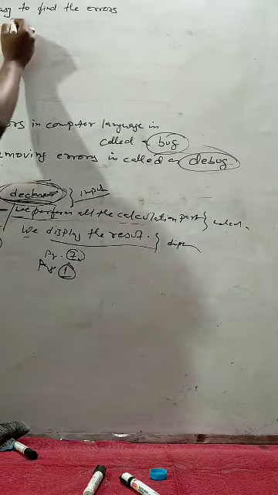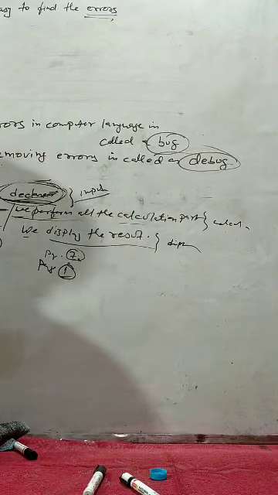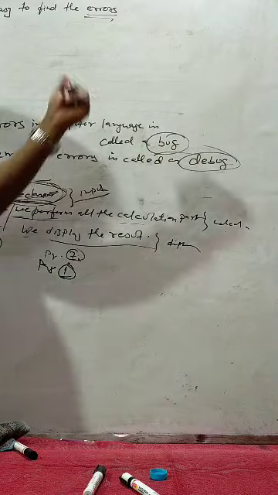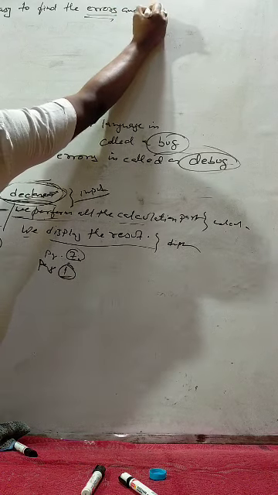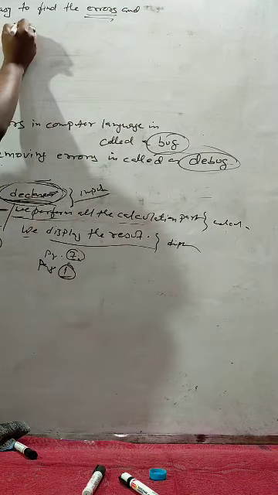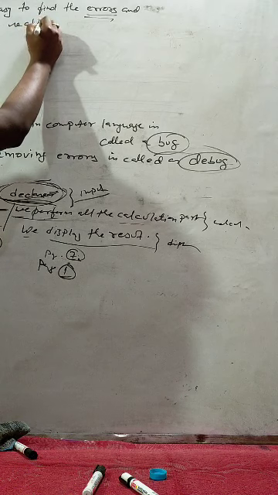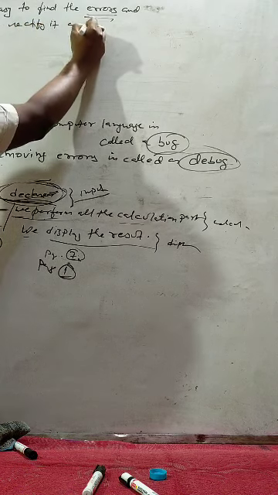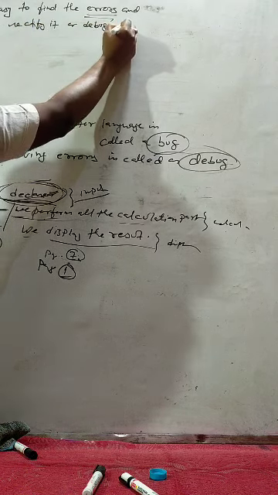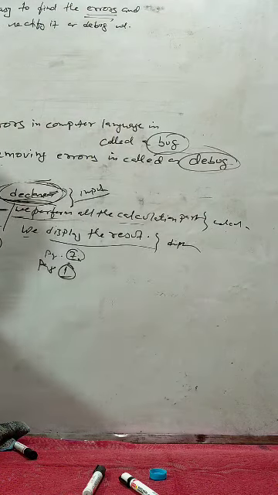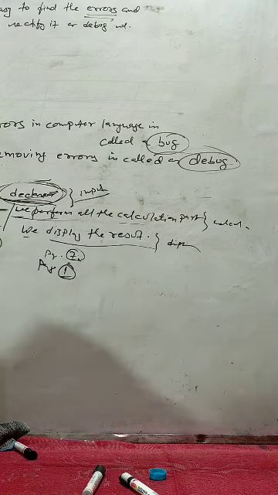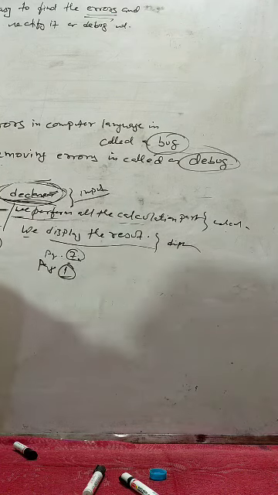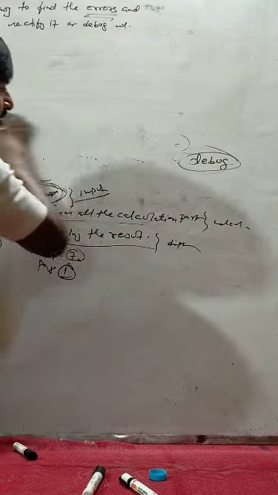So when we find the error very easily, it is very easy to debug it. Okay, so easy to find the errors and rectify it or debug it. Okay, these are the 4 different advantages of a method. I hope you all understand the things.